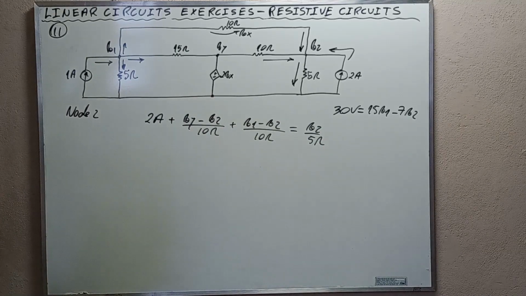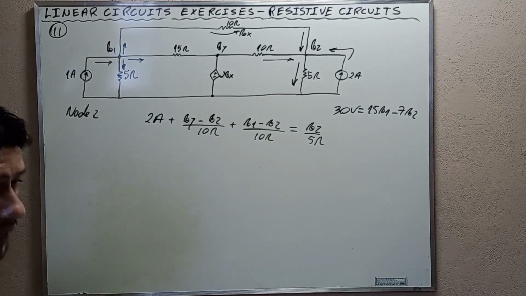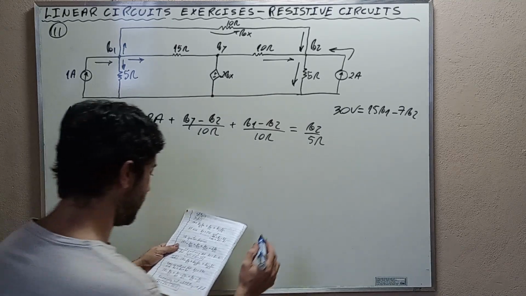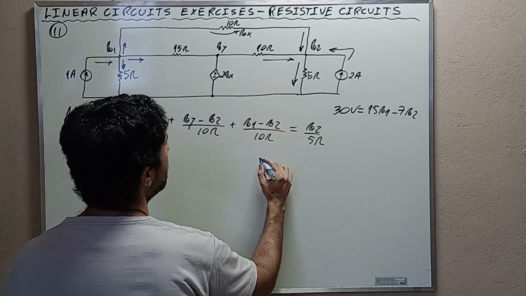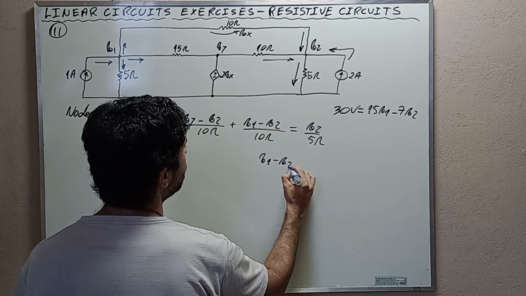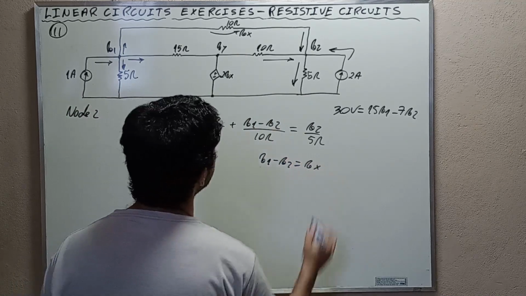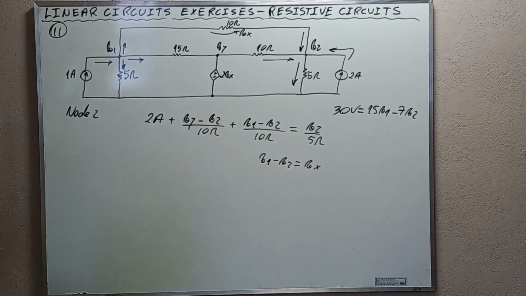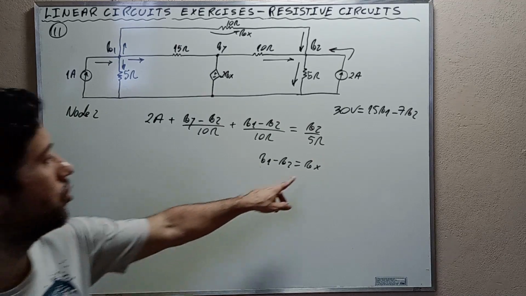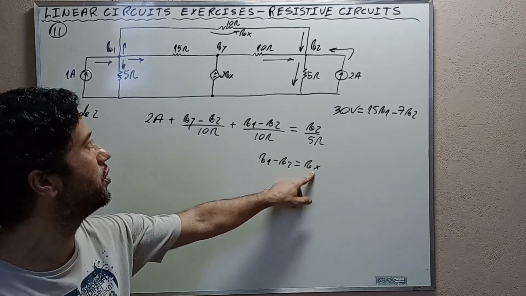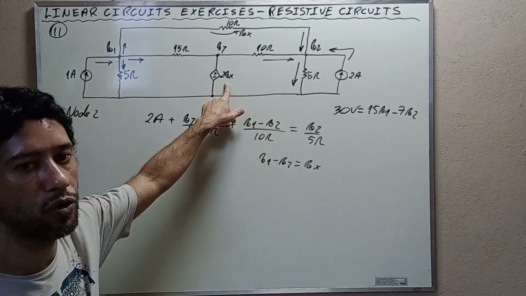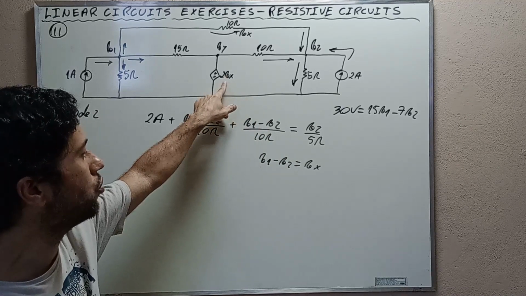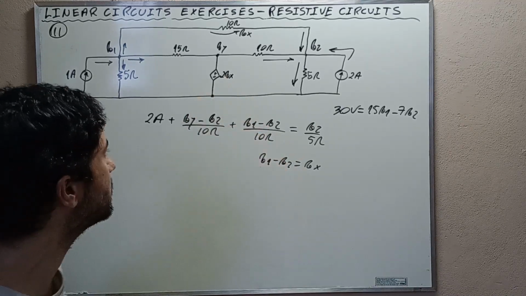Okay, my friends, we are going to have to manipulate this, and we are going to bear in mind again that V1 minus V2 is equal to Vx. We need to know this Vx because we have a controlled source here, controlled by the value of Vx.